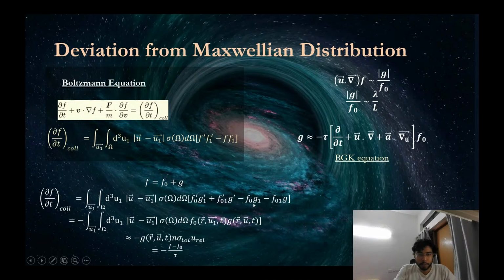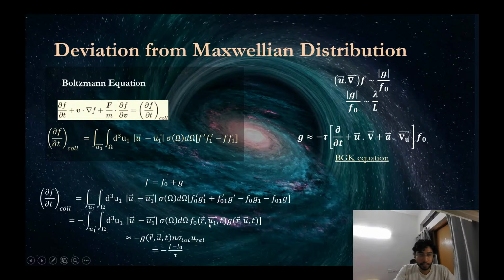Here, what we will see is that the terms inside this bracket reduce down to only the last term, f naught 1 g. So that's what I have written. f naught 1 is f naught at r, u1, and t, times g, right? So this expression will reduce down to this expression.